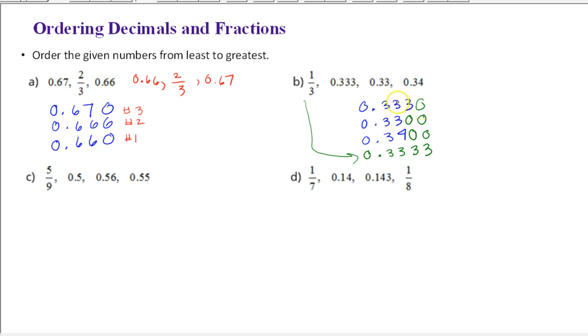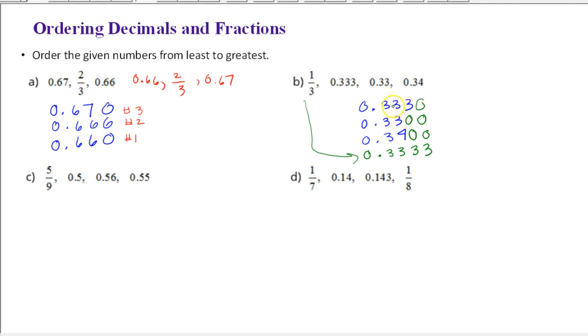So this is 3,330 ten-thousandths, 3,300 ten-thousandths, 3,400 ten-thousandths, 3,333 ten-thousandths. Let's just ignore the ten-thousandths because it's hard to say and it complicates things.